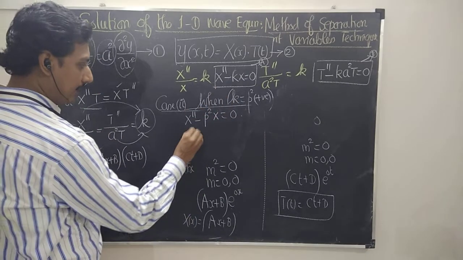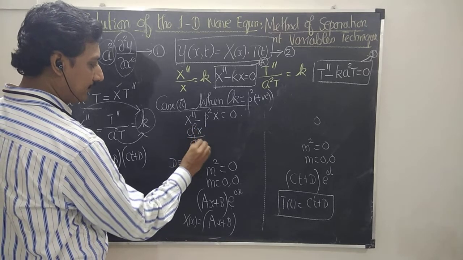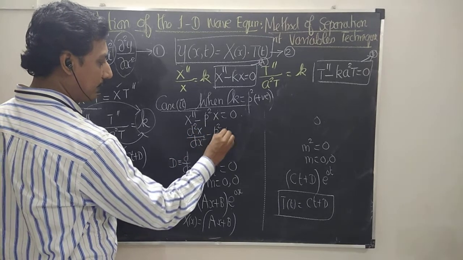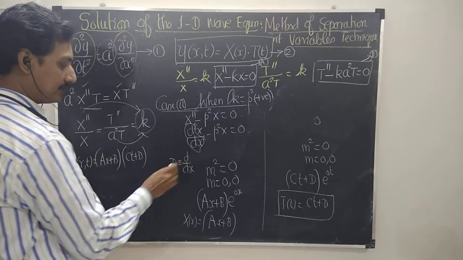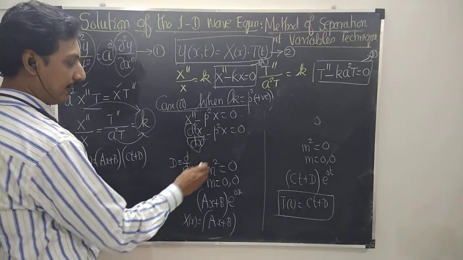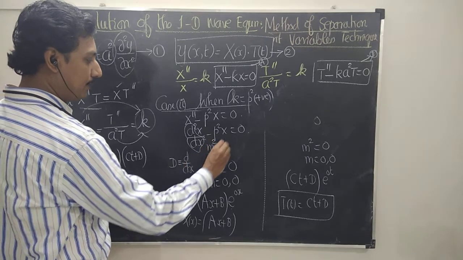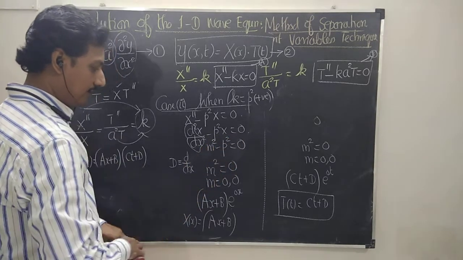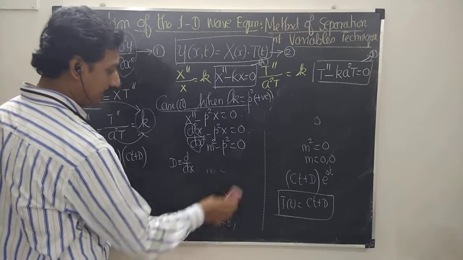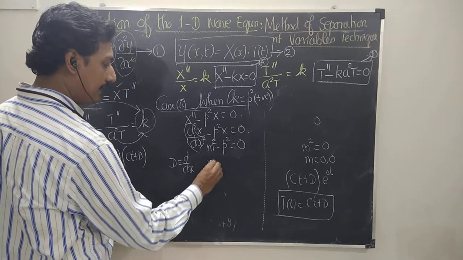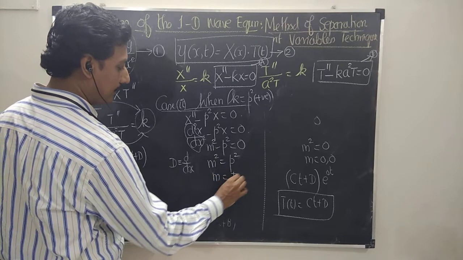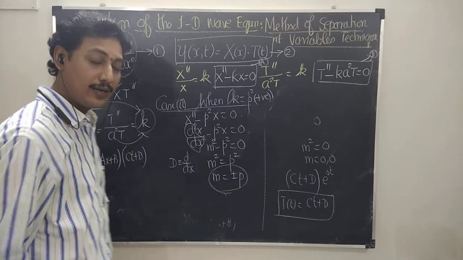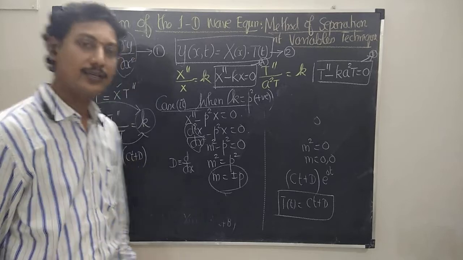This is nothing but d squared x by dx squared minus p squared x is equal to 0. By replacing D by m, we get m squared minus p squared is equal to 0. I am getting m squared is equal to p squared, otherwise m equal to plus or minus p. The roots are real and distinct.